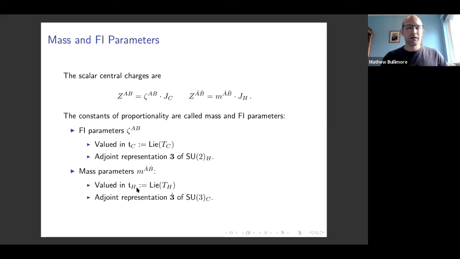They're valued in the Cartan of the Higgs branch symmetry, and they transform in the adjoint of SU2 Coulomb. So they're a mix of the two. They're charged under the Higgs R symmetry and the Coulomb flavor, or vice versa. And this is the way it comes out in the gauge theory.